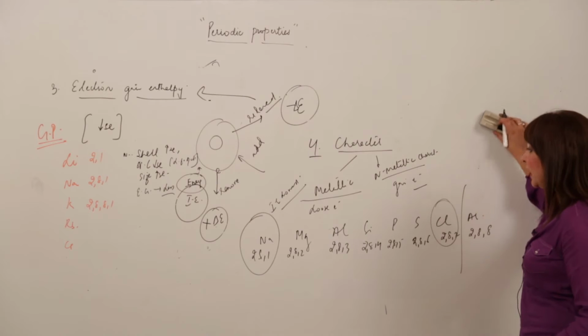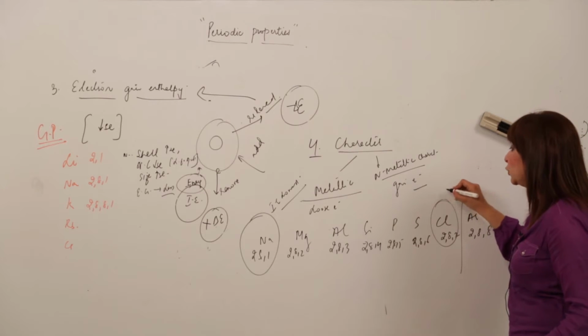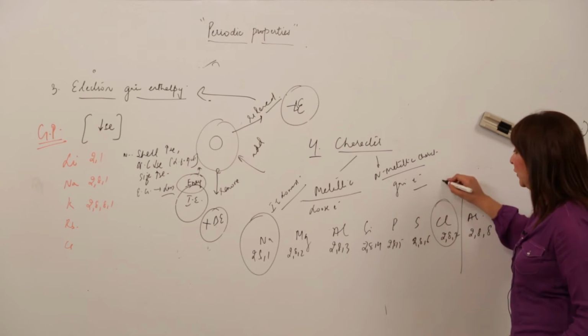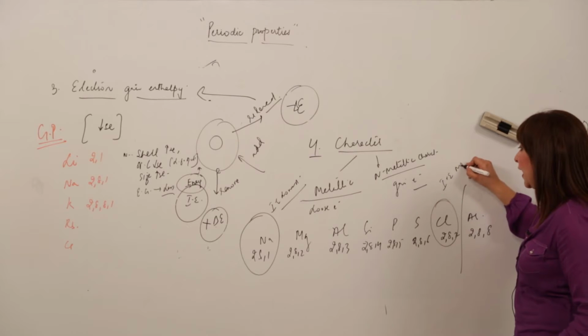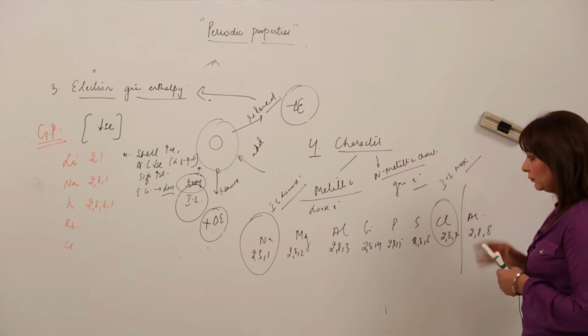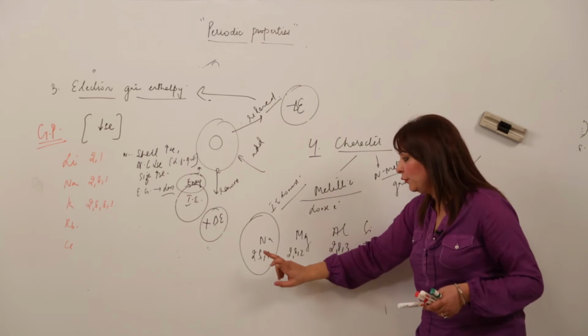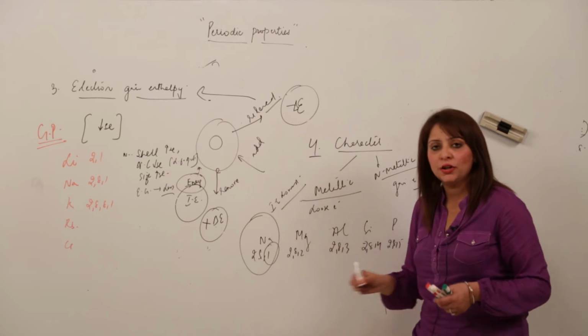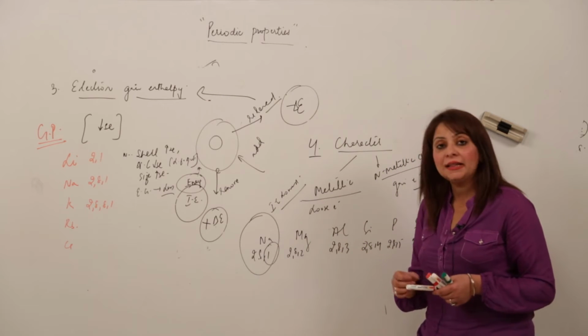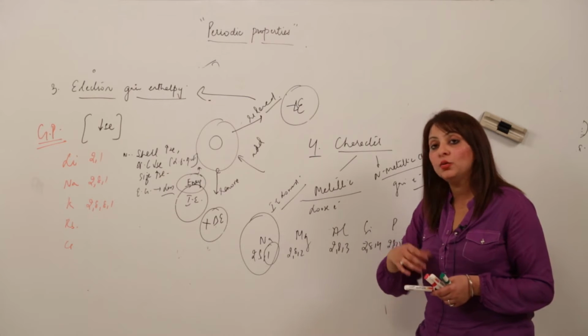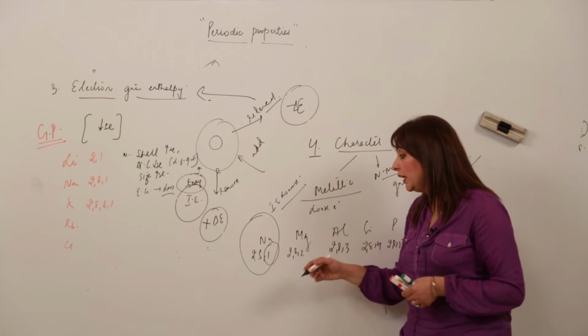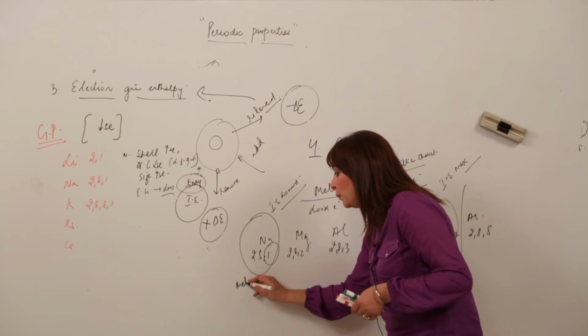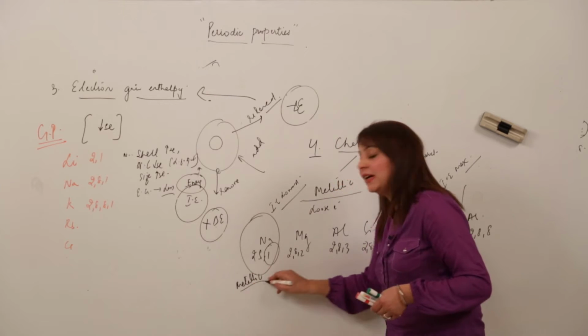Chlorine is the smallest one out of this period, and that means it has the maximum ionization energy. So if we want to remove this electron, less energy will be required, and less energy required means it can lose the electron more easily. The more easily the element loses the electron, the more metallic it is. So that means it is metallic.